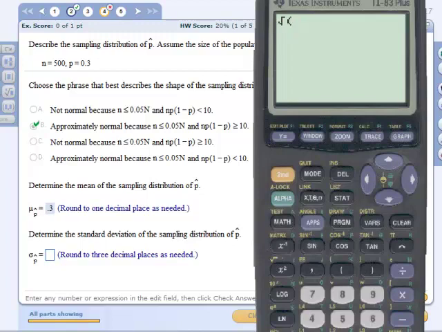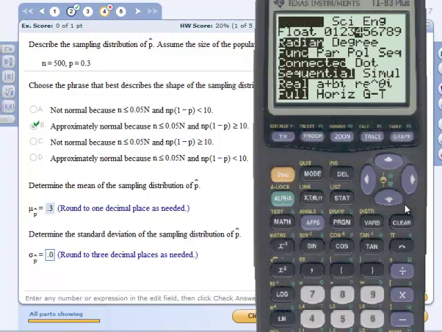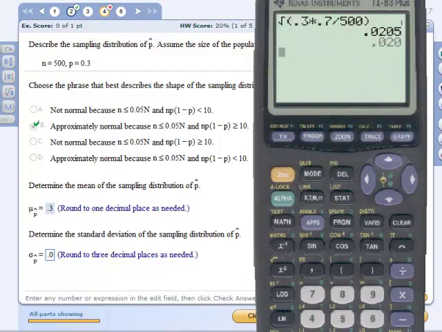So p is 0.3 times 1 minus p, which is 0.7, divided by n, which is 500. And then close your paren. It says round to 3 decimal places, so be careful here. I've got it up to 4, so let me go to mode and have the calculator help us round. Yes, that's what I thought. 0.020.